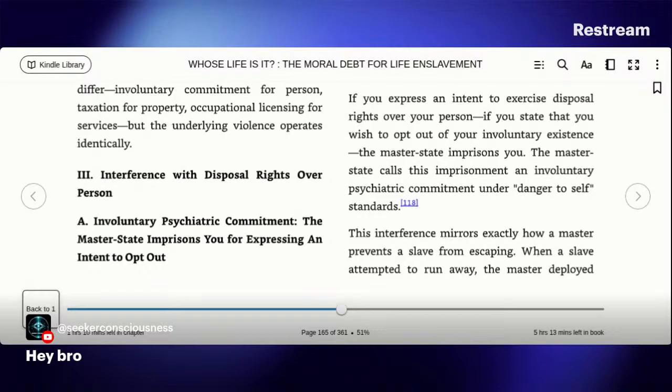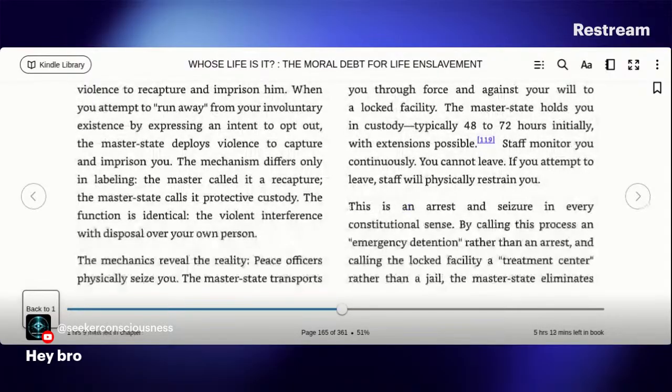The master state calls this imprisonment an involuntary psychiatric commitment under danger to self standards. This interference mirrors exactly how a master prevents a slave from escaping. When a slave attempted to run away, the master deployed violence to recapture and imprison him.